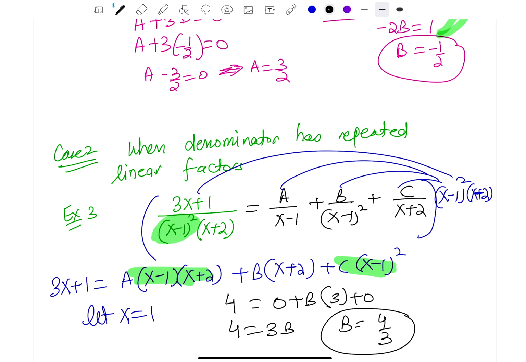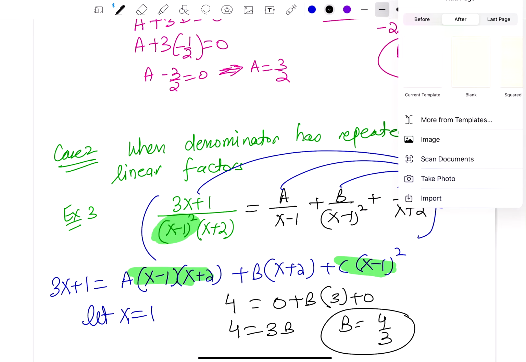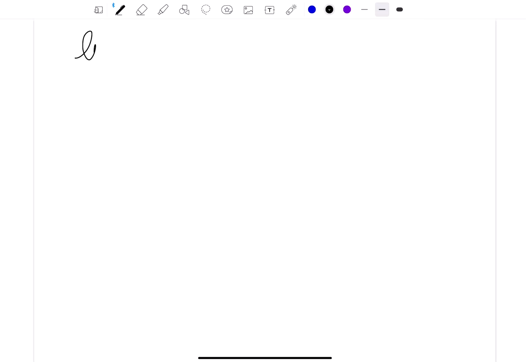We can also do clever substitution to find c. If I let x be negative 2, we should be able to find c.